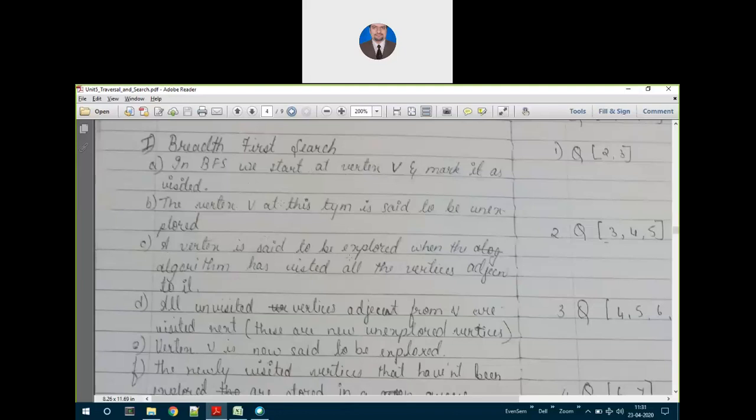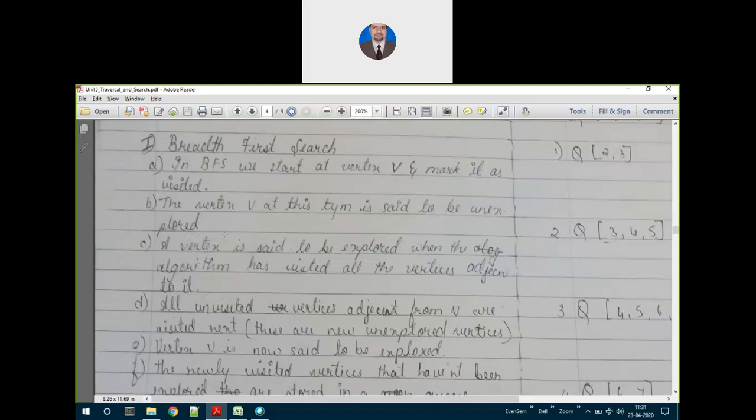A vertex is said to be explored when the algorithm has visited all the vertices adjacent to it. If we visit all the adjacent vertices to a given vertex, then we can say it is an explored vertex.